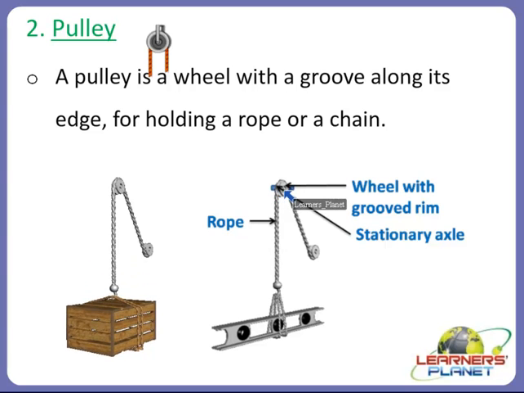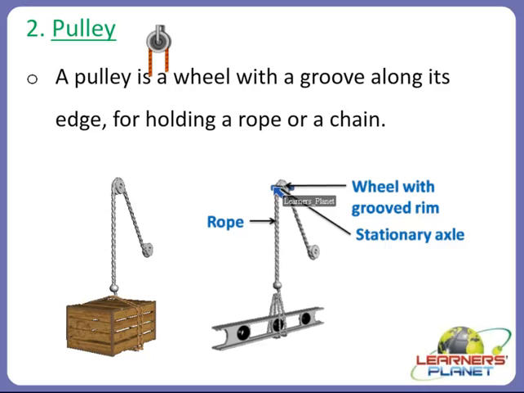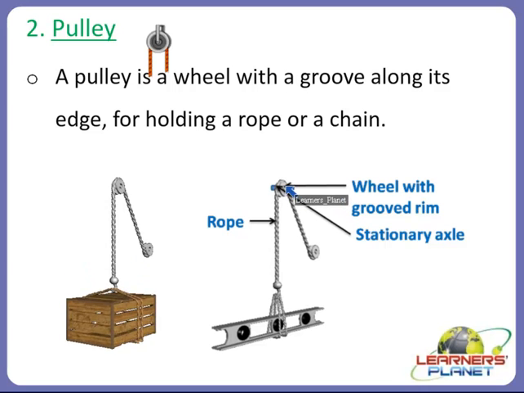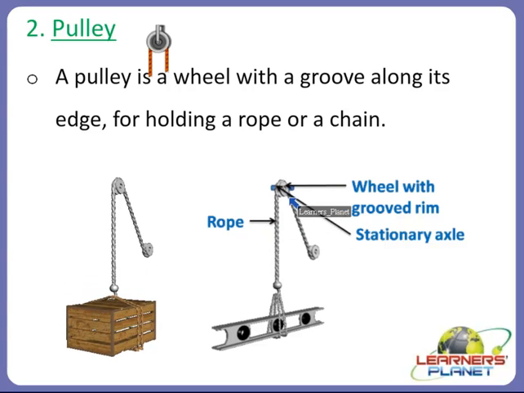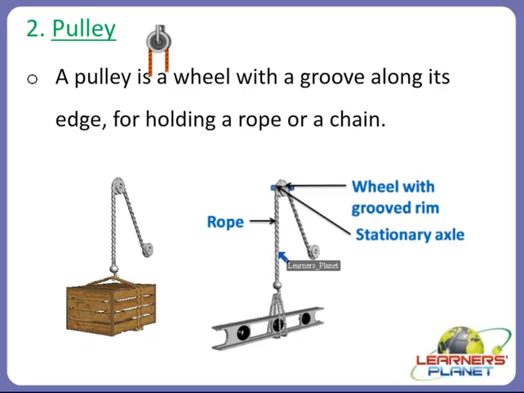Stationary axle means that there is a rod-type structure over here which is called the axle. It is stationary, it doesn't move. On that the wheel is attached, with a grooved rim, and the rope passes through this grooved rim, and a person is able to lift up a heavier object.